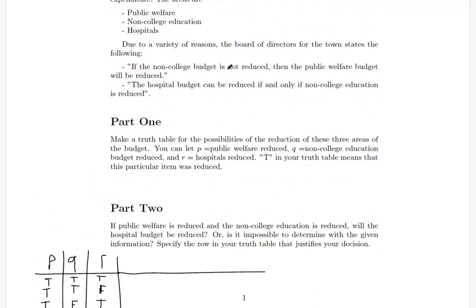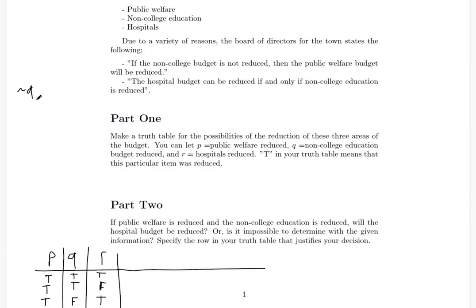If the non-college budget is not reduced, so Q was the non-college education budget, and it's not reduced, that's the negation of Q, what they just said right here. Not reduced. We said true means it's reduced, so false would mean it's not reduced. So if that's not reduced, then the public welfare budget will be reduced.